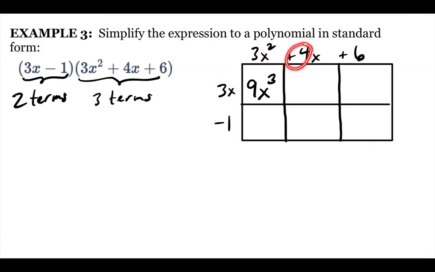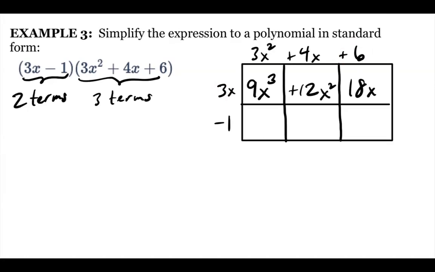So I got a 4 times a 3, which is a positive 12. And then each of them has x, so x to the first power times x to the first power is x to the second power. And then I have 6 times 3, which is 18, just x to the first power, because 6 doesn't have an x.